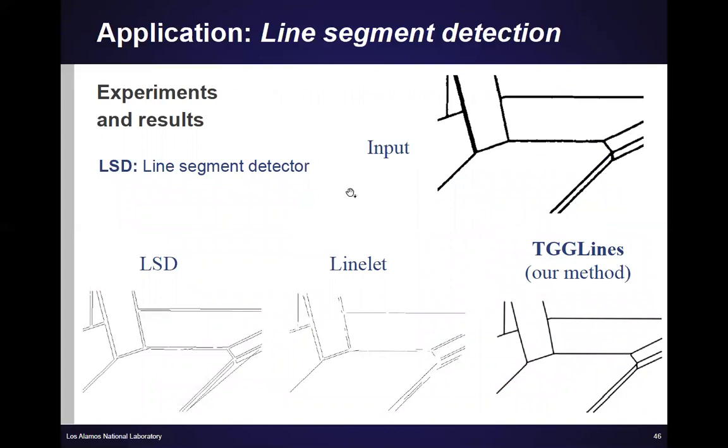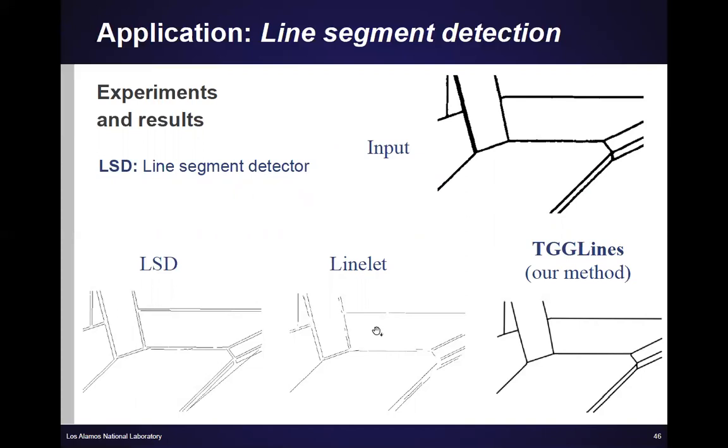We benchmark with the four state-of-the-art methods, including the line segment detector. For this input example, the results from LSD are shown in this figure. We can see LSD often detects double lines for the line segments in diagram images, and the double lines are often broken because of zigzag noises.